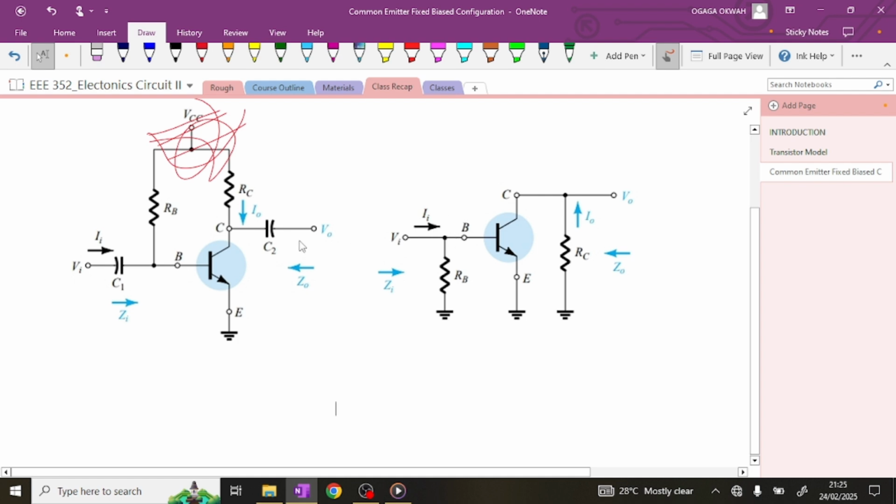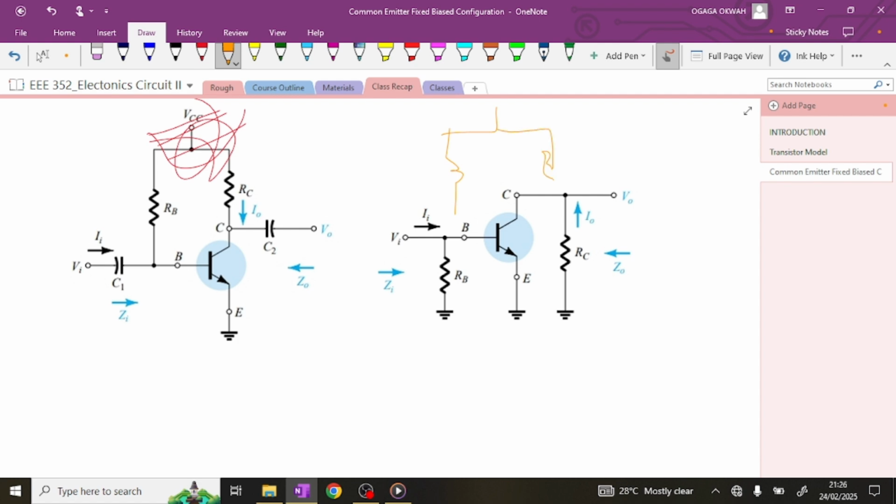So formerly we had this RB facing up and connected to VCC. Let me use a different color so it will be visible. We had something like this, this guy here, and then it was connected to this one on top, and then we had something here and this guy here.